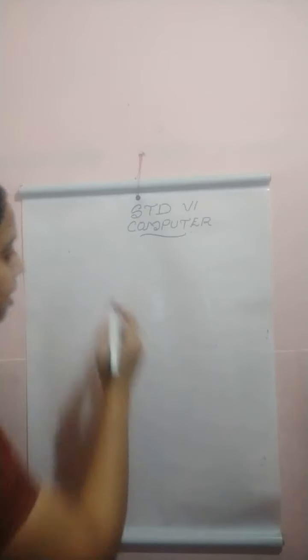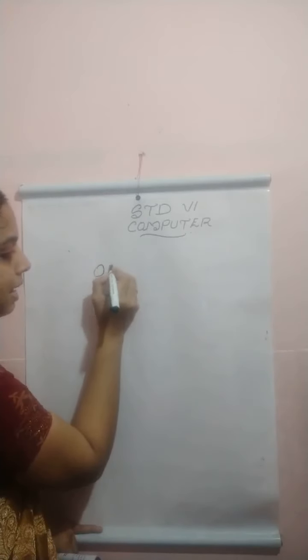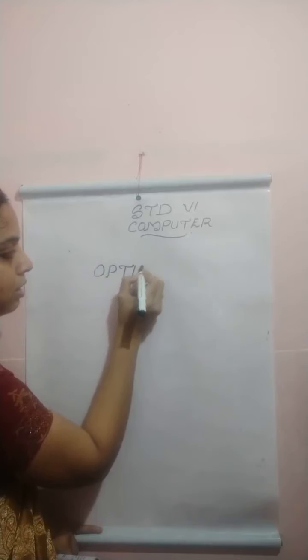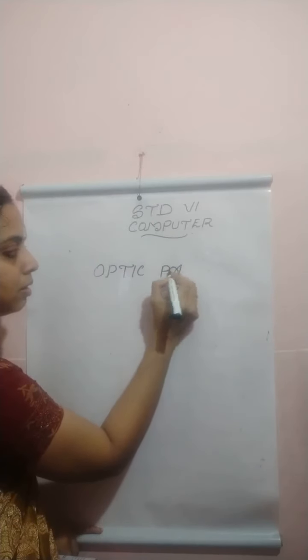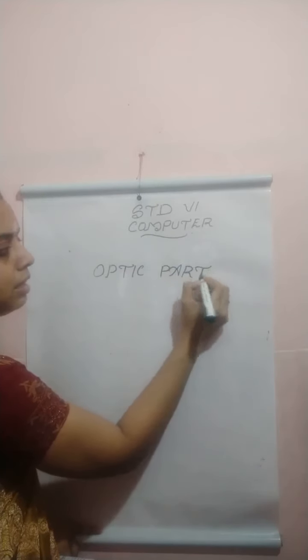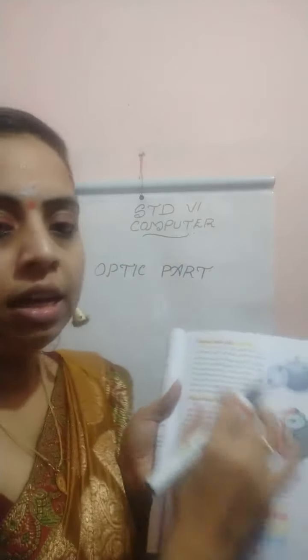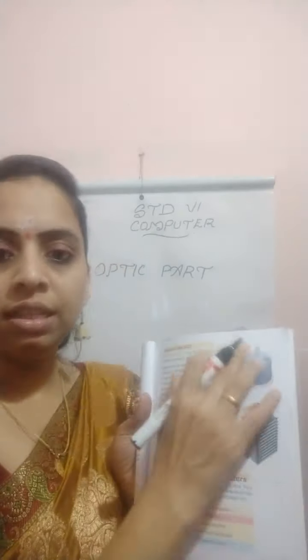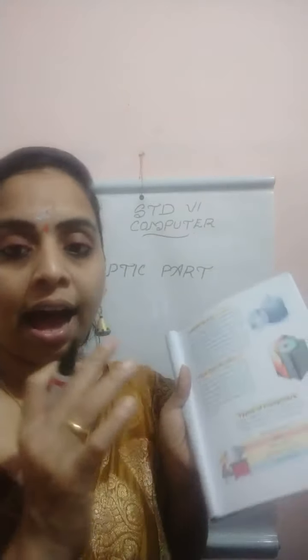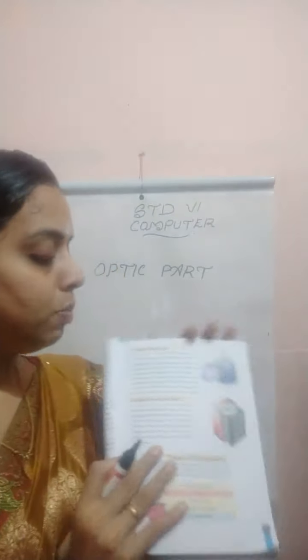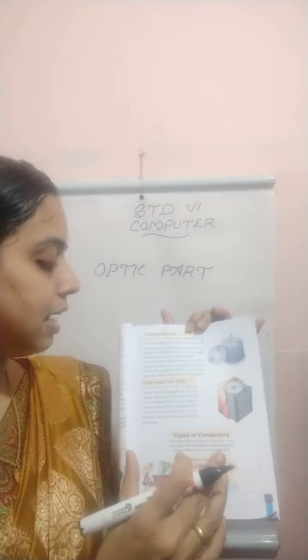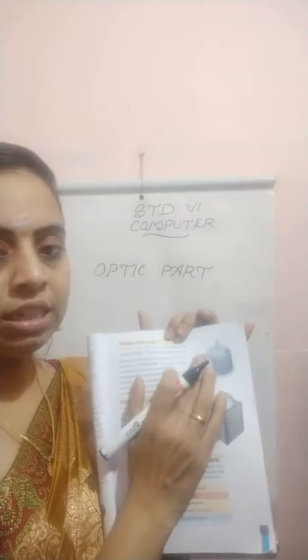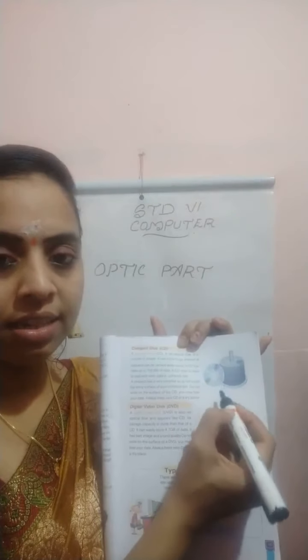So the shiny part of the CD or DVD is known as optic part, because it shows some colorful lights, right? So it is known as the optic part. Actually, we are storing all the information in this optic part, and also this optic part is very sensitive, so we should not touch this part, or we should not write anything on this part.